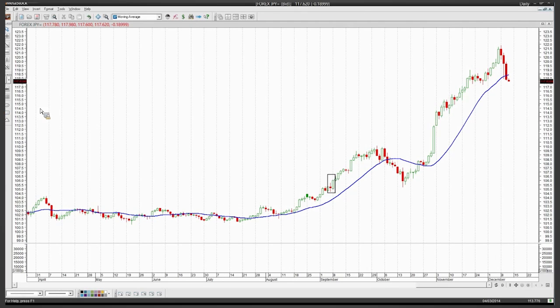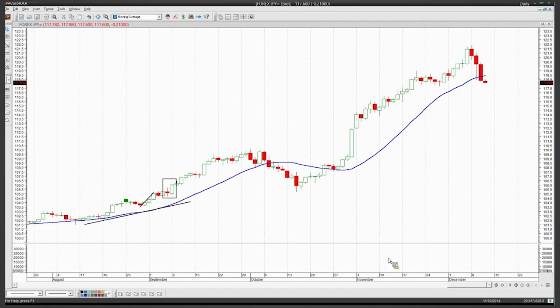Okay, right here, and this is a great example. You can see that we had started to get that slope higher, right? And this is another reason why I want you to measure it on the price bars too. Sometimes it's more dramatic on the price bars. Now, let me zoom in and show you something here.